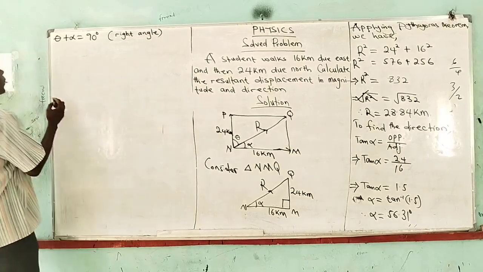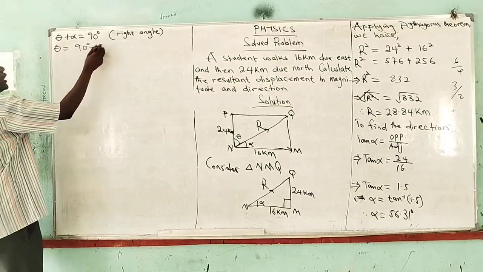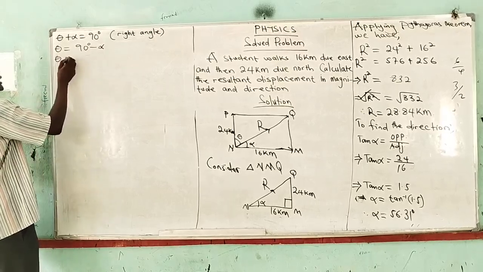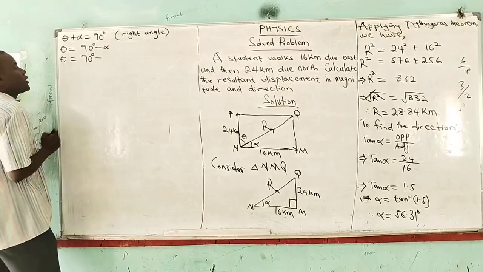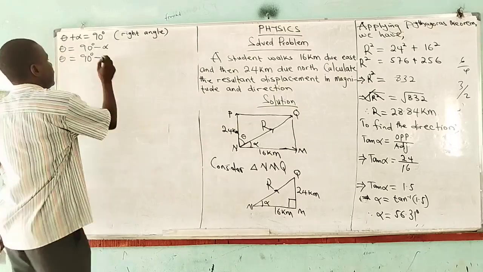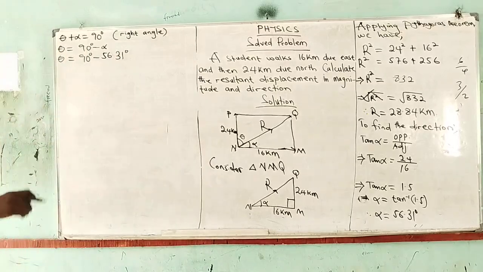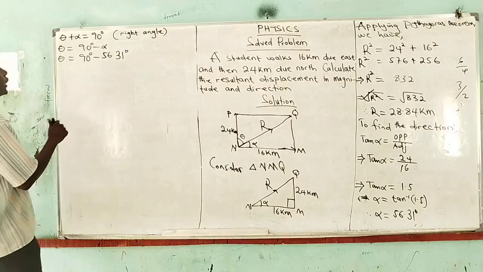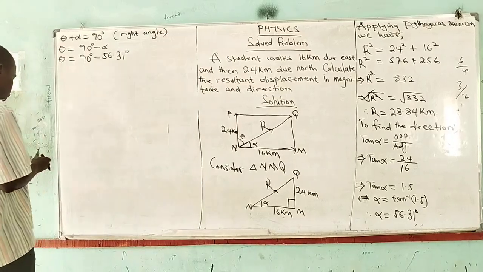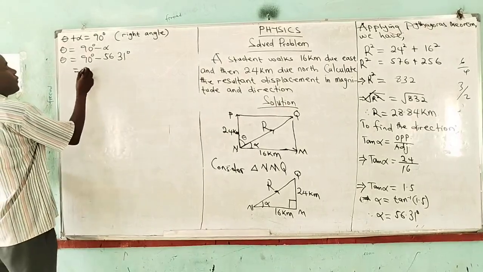So theta is equal to 90 degrees minus alpha. We have gotten alpha as 56.31 degrees. So 90 minus 56.31 degrees is 33.69.